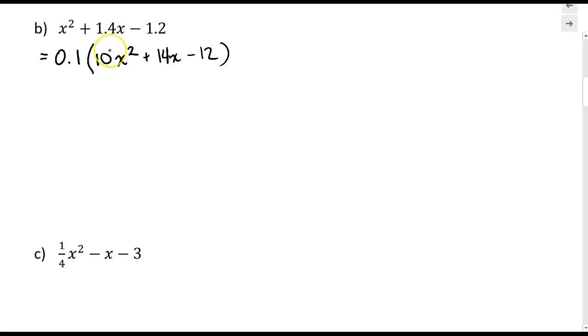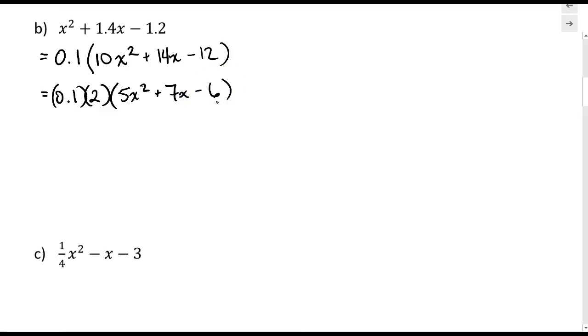But now we look at the inside and we're like, but there's common factors. So we got to factor those out too. So it's not just 0.1, it's 0.1 multiplied by 2, and we're left with 5x squared plus 7x minus 6.